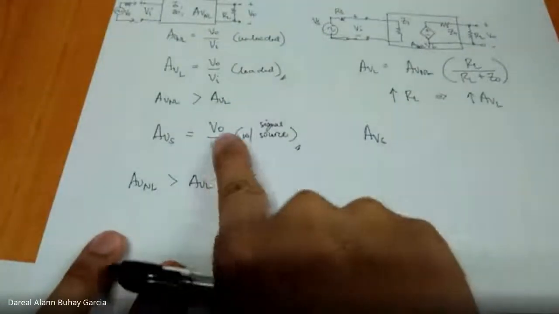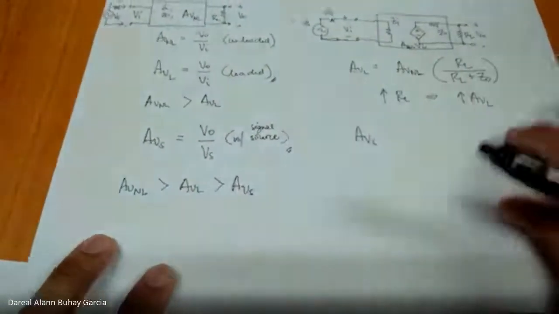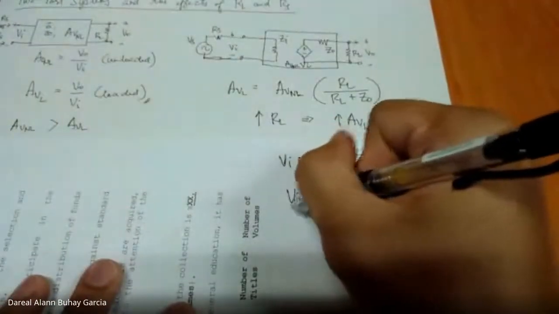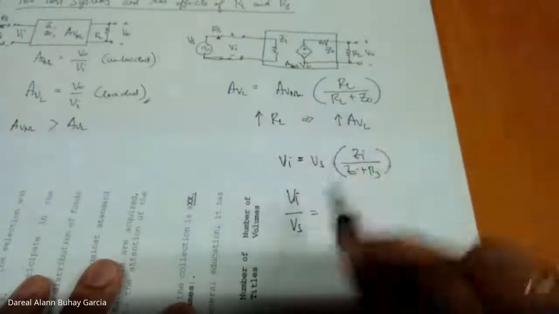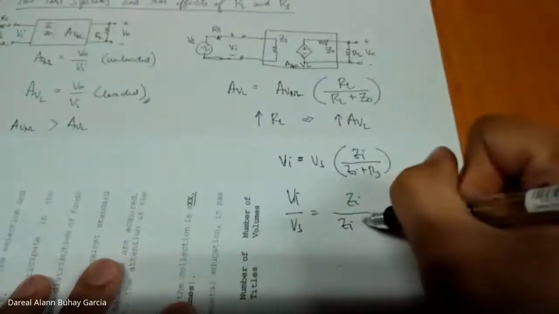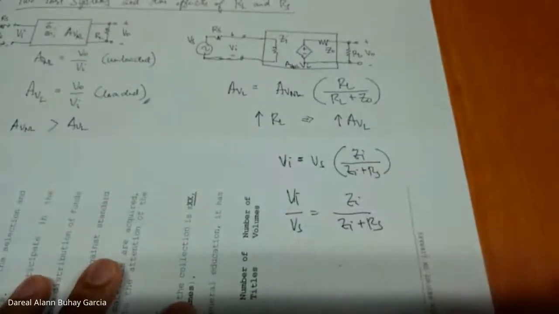AV is equal to VO over VS. If I transpose, VI over VS is just the ratio ZI over ZI plus RS.